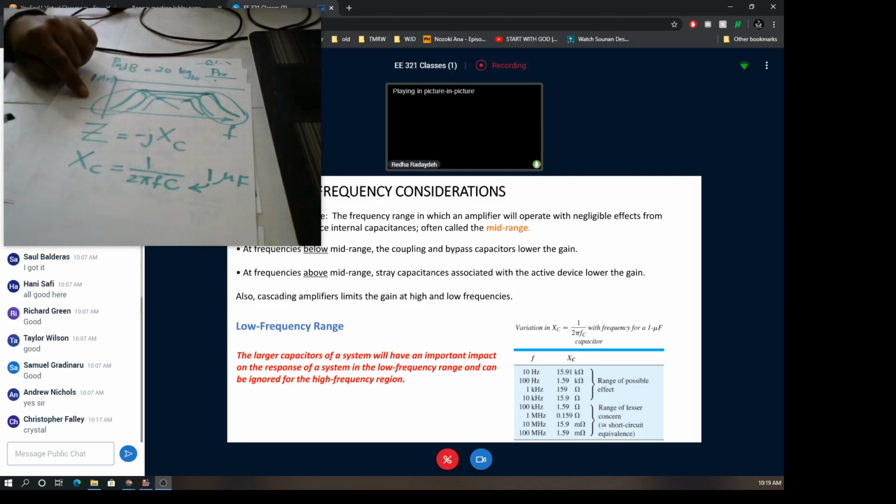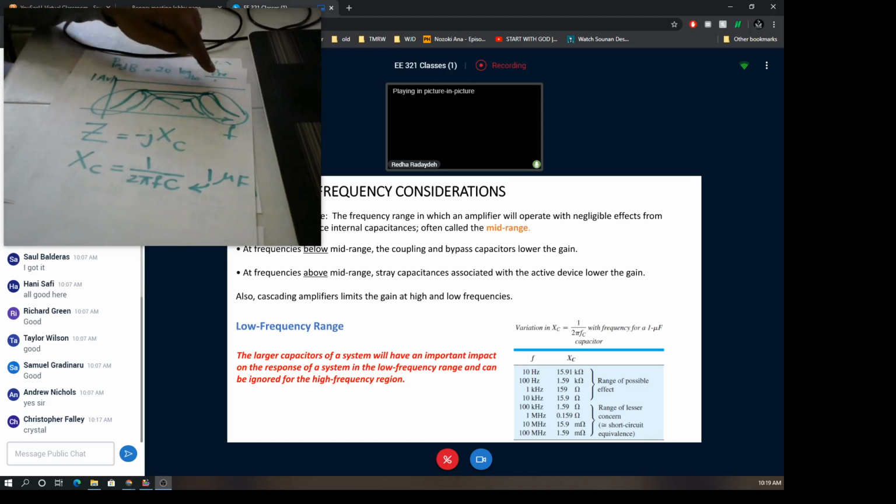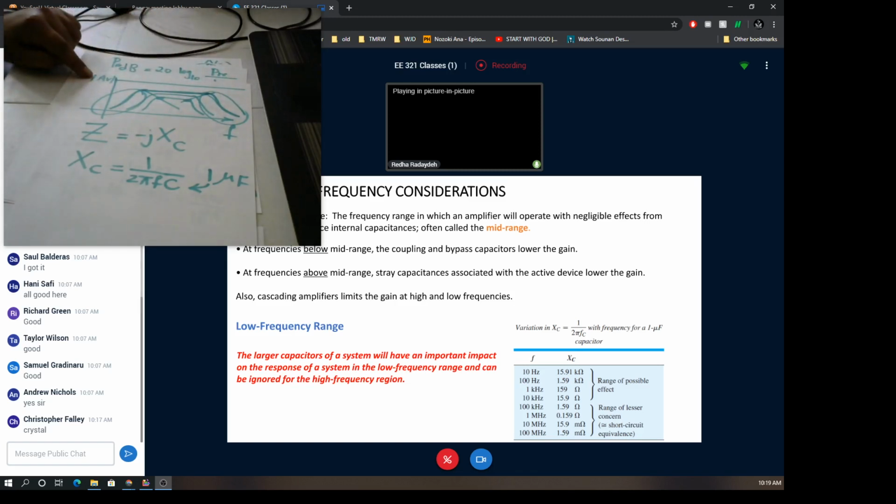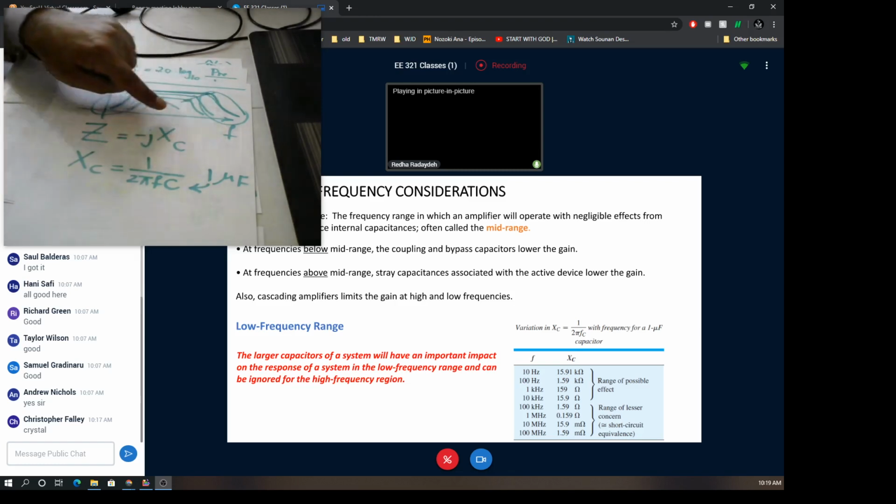Okay, and we said that ideally speaking, we would like to have an amplifier that always provides us the maximum gain at all frequencies, which in this case would give us a straight line for the gain at any frequency of operation.